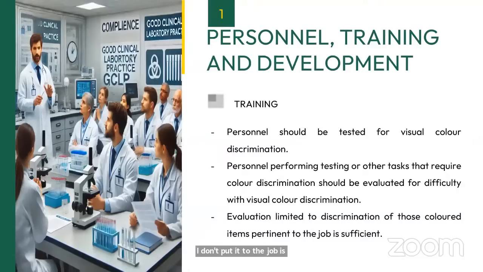So you need not perform the evaluation of all the colors. You should see which colors we require, generally hematoxylin, eosin, gram staining. Whatever colors are required for your work in the laboratory, the testing for color blindness should be done for those colors only.